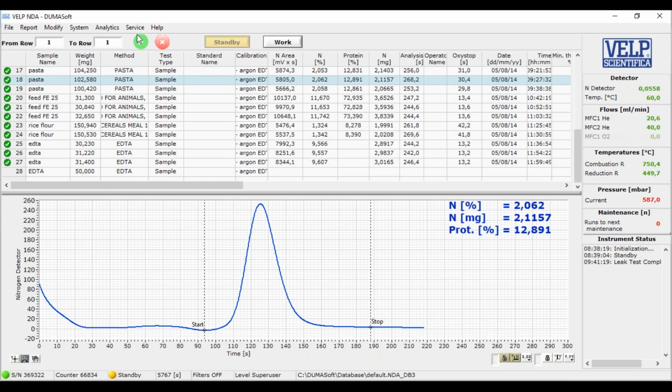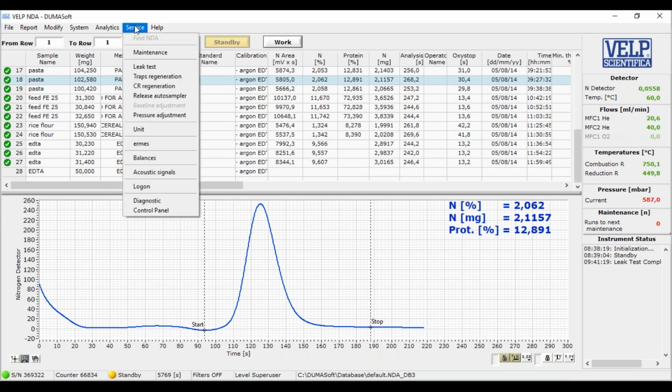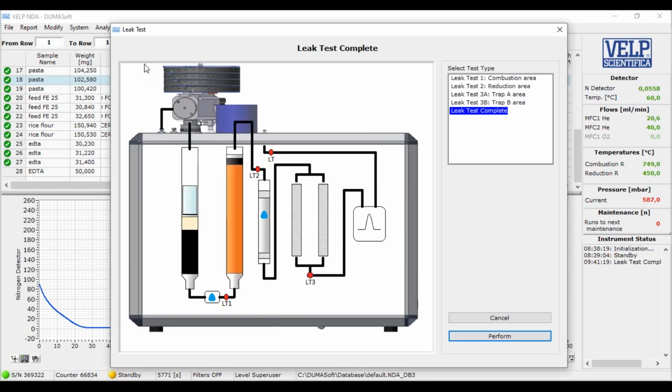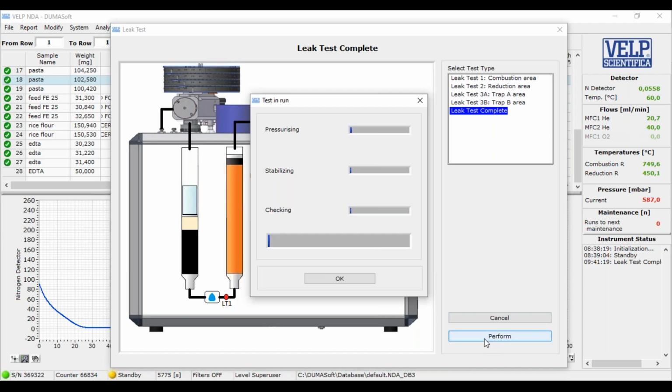Okay, so we suggest to go into the service menu, leak test, and perform a leak test complete. This takes just a couple of minutes. At the end of the leak test, you will get a result, test okay or test not okay.